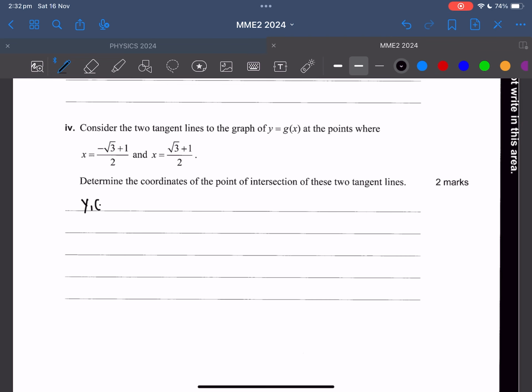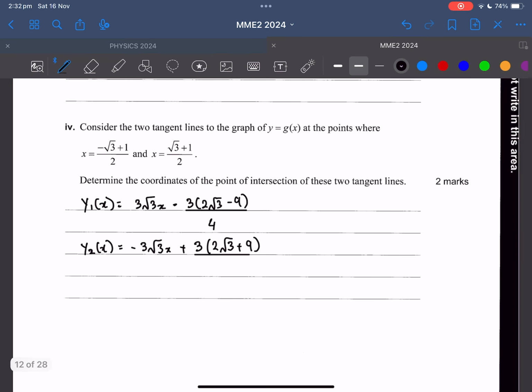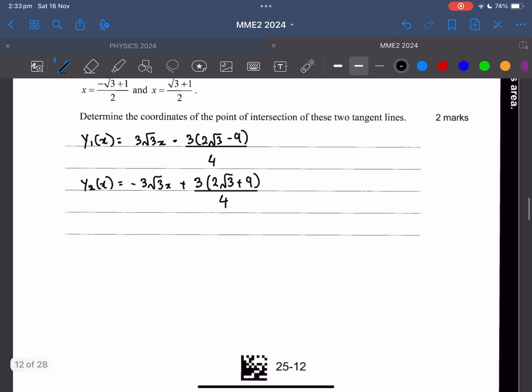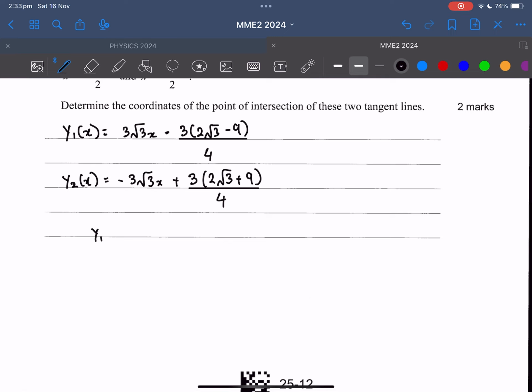So y1(x), our first tangent line, is going to be 3 root 3 x, take away 3 times (2 root 3 minus 9), divided by 4. And our y2(x) is going to be minus 3 root 3 x plus 3 times (2 root 3 plus 9), divided by 4. To find the point of intersection of these two tangents, we just have to equate them to each other.